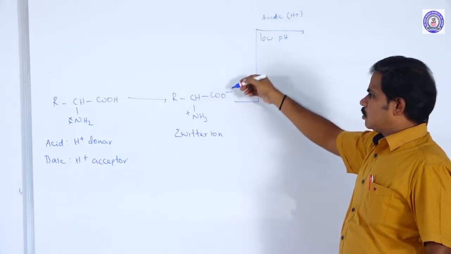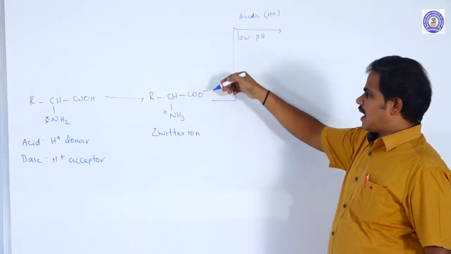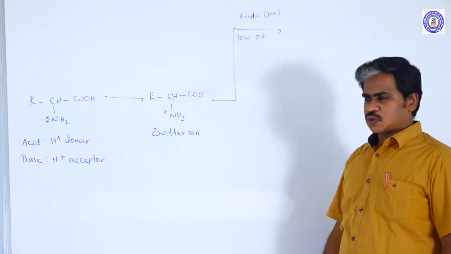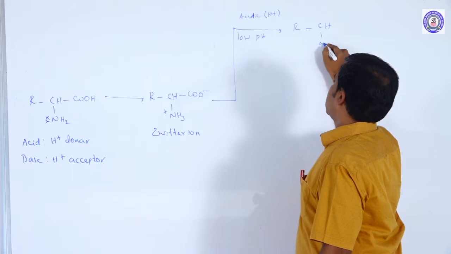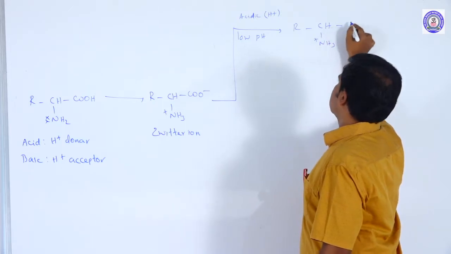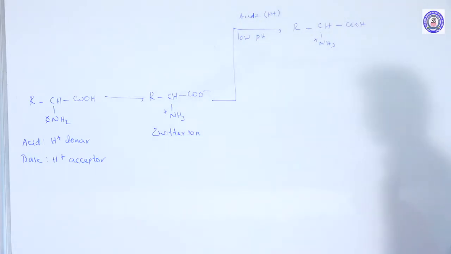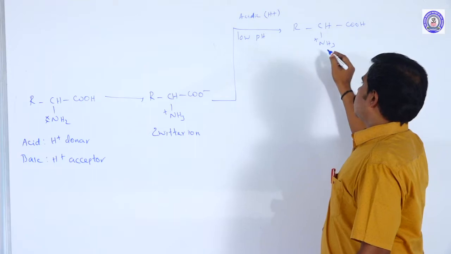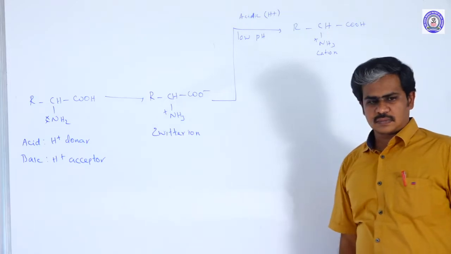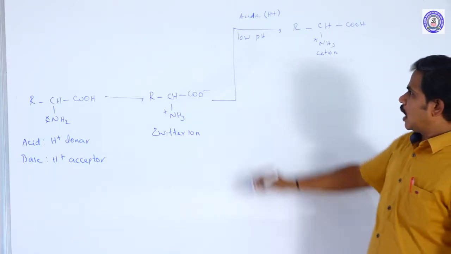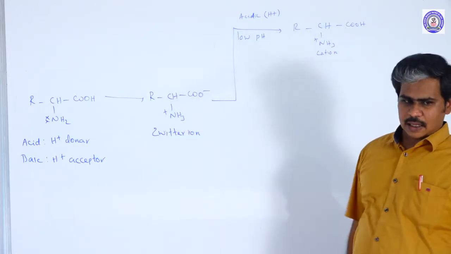It is acidic medium, so it will get protonated, so that the COO minus group accepts one proton and becomes RCH, NH3 plus and COOH. Correct? Now, it is a positively charged ion, nothing but a cation. So at low pH, the zwitter ion is converted into a cation.